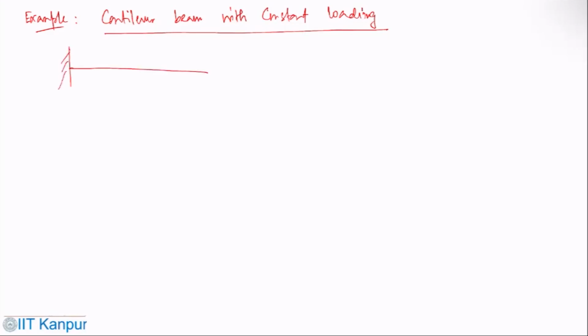So let us have that. Let's say this is the beam, and you can have continuous loading, which is, let's say, load Q of X. So this is X, and Q of X is constant along the beam.